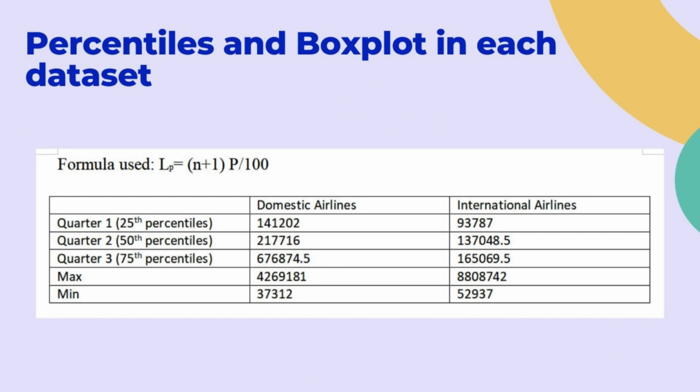As you can see, there are two airlines involved in this matter. First, domestic airlines, and the second is international airlines. The result from all three quarters shows that domestic airlines has more than international airlines. In my opinion, this is because domestic airlines are generally way cheaper and more affordable compared to international airlines.